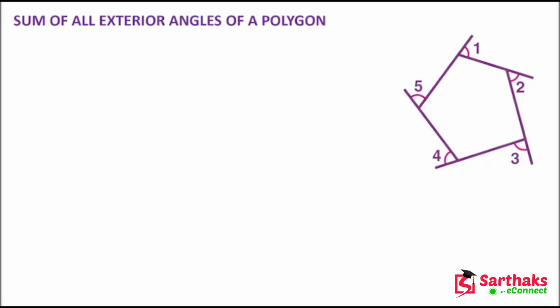So let me write the statement. What does the exterior angle property for an n-sided polygon say?